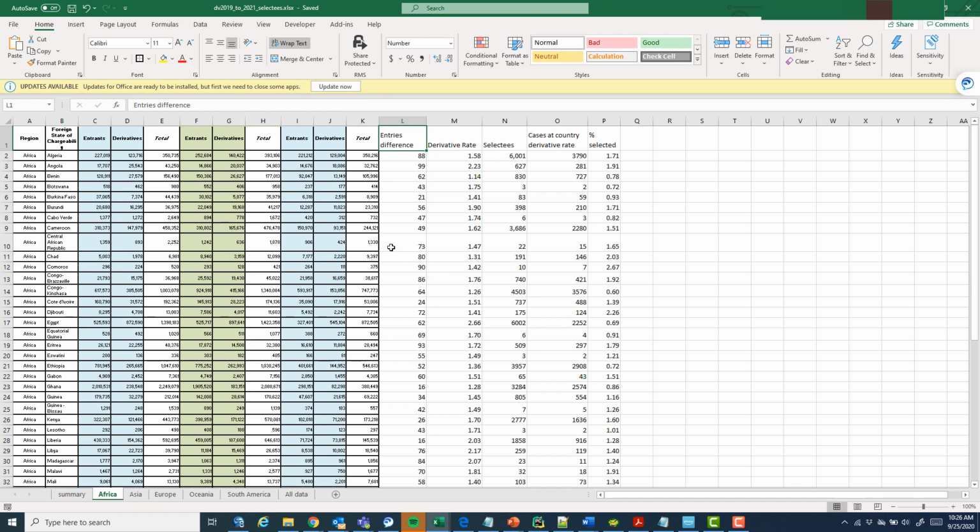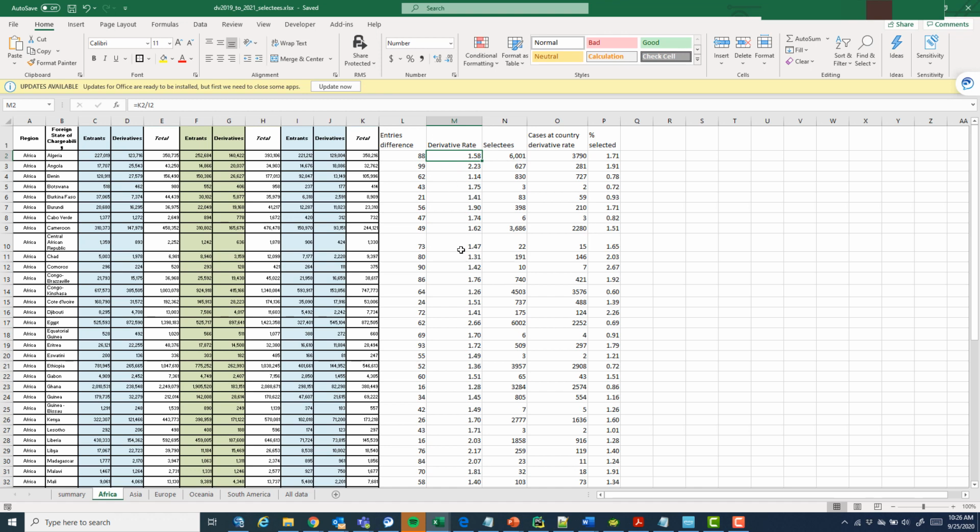Then we've got some slightly more interesting information that we can work out. So what I've done is I worked out, if you know the number of entrants and the number of derivatives that entered, you can get to a derivative rate by country.